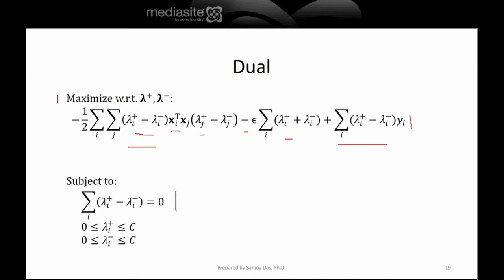And these are my constraints. This is what I had kept aside for later, and I also know that the lambdas are between this range. And since we impose this upper bound on lambda I plus and lambda I minus, that's why we are taking care of mu i's also being positive, because mu I equals c minus lambda I.